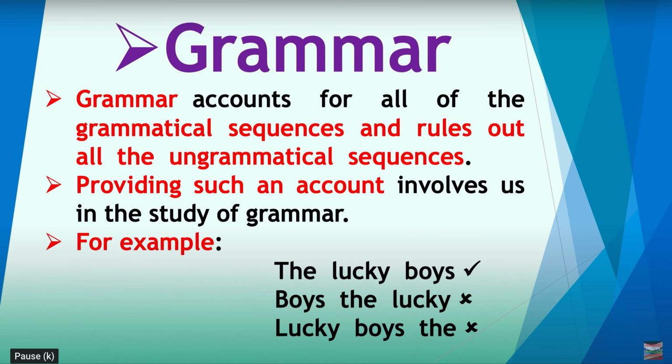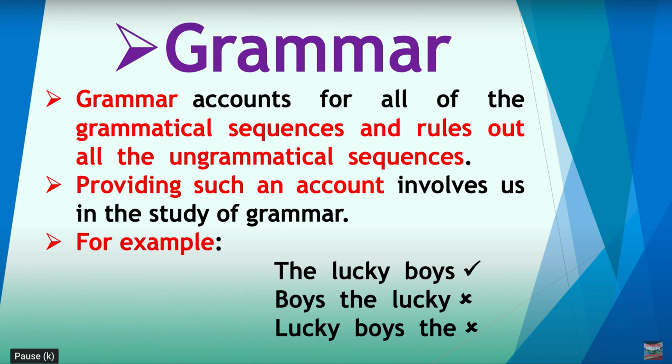So when we say grammar accounts for all of the grammatical sequences, it means correct sequences, and rules out all the ungrammatical sequences. It means that grammar rules out, disowns, rejects all the ungrammatical sequences, all the ungrammatical patterns.